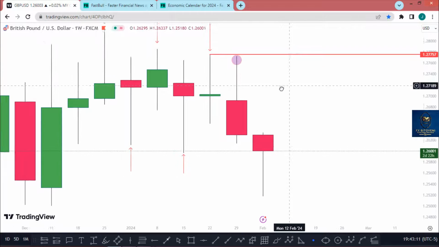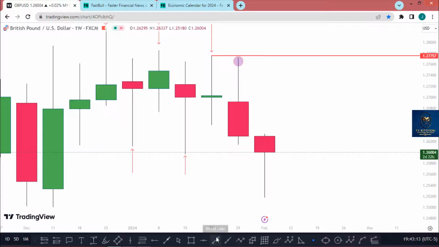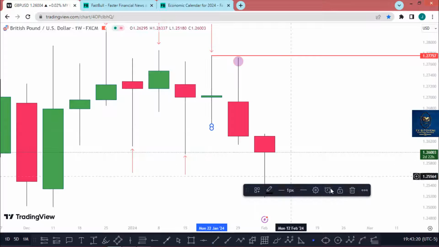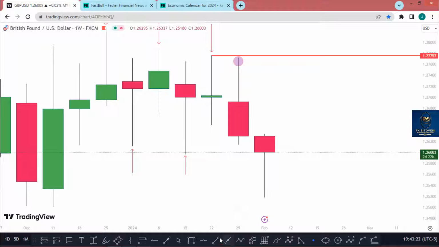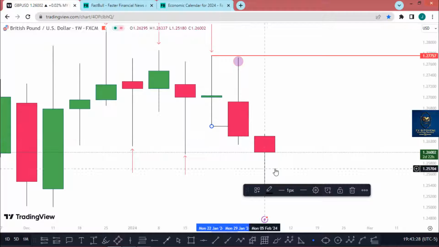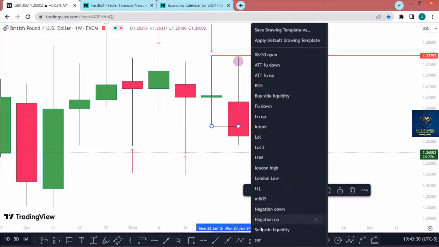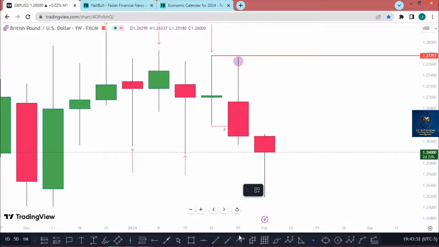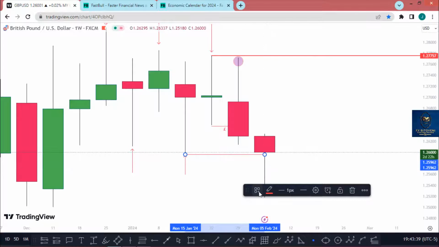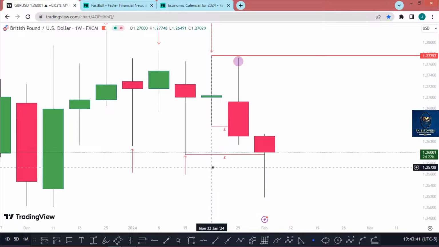Then where is the target? The first target is going to be this low, or the liquidity to target. This is going to be your sell side liquidity to target, and this low, next liquidity to target.